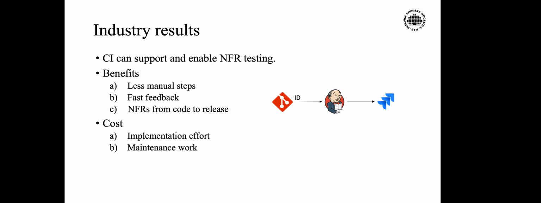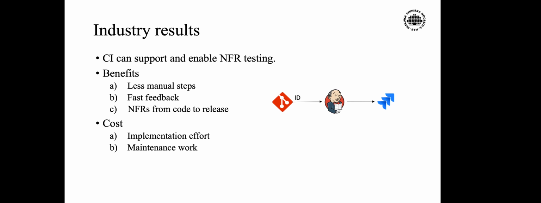Another interesting finding, I think, is worth mentioning here. This kind of setup can achieve NFR testing for code to release. We found an example in project B only, I think. They basically add a unique ID in every single Git commit, in the beginning of the header, so they could track it.